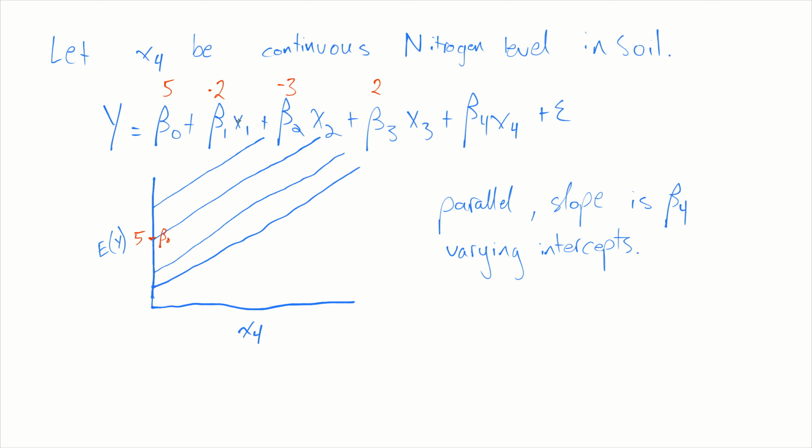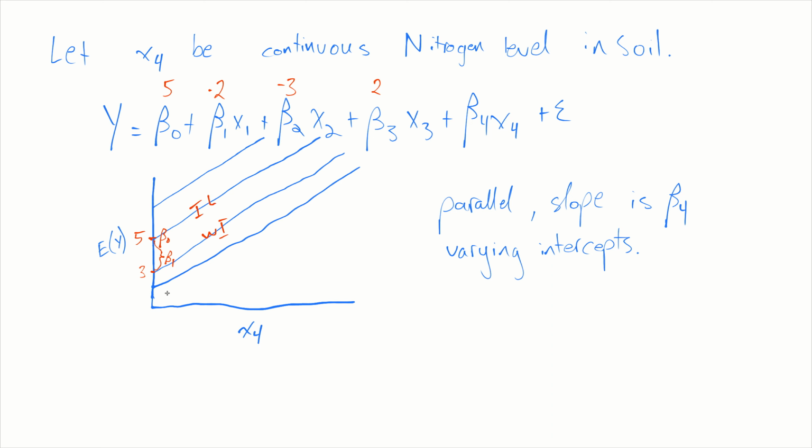Now x1 is going to be 2 less than that, so this would be at 3, and this distance here is going to be beta 1. The difference between beta naught and beta naught plus beta 1 gives us the intercept for this case. So x1, that was Wisconsin, so this is going to be Wisconsin. This case, just the base intercept, is going to be Illinois.